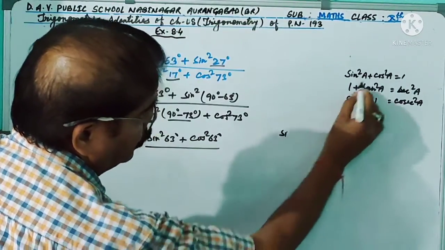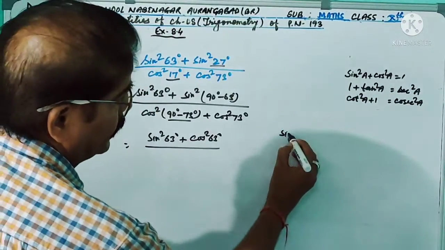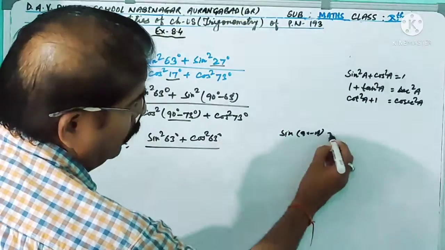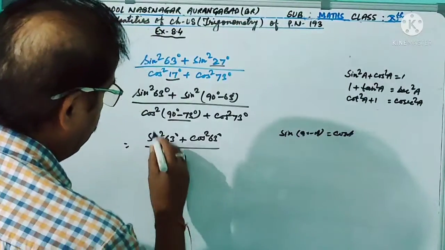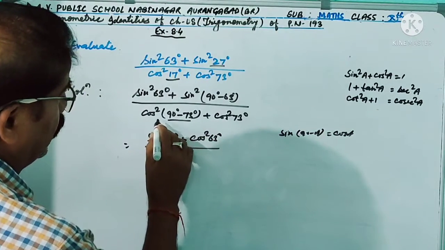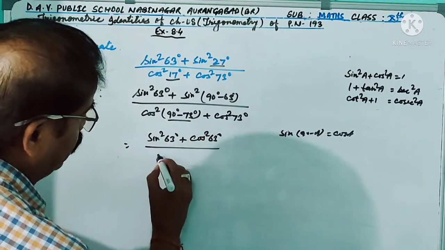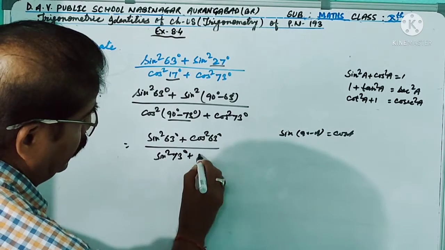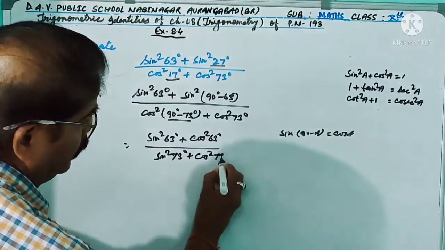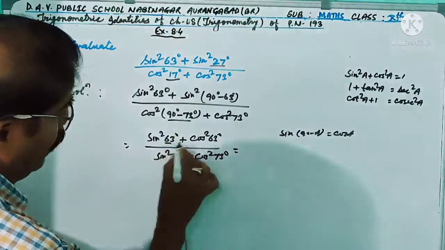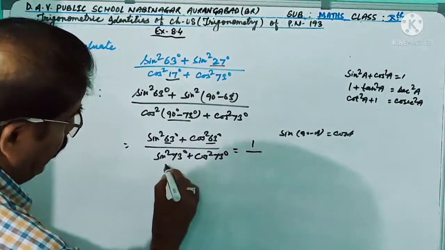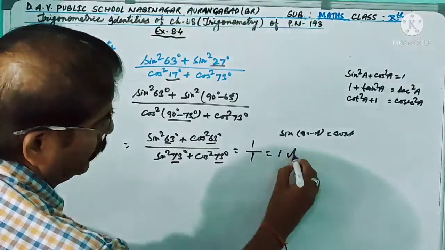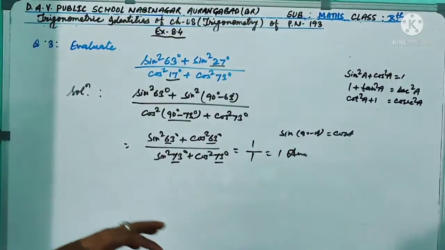Since sin square theta plus cos square theta equal to 1 and sin of 90 minus A equal to cos A. In the same way cos of 90 minus 73 equal to sin 73 degree, so sin square 73 degree plus cos square 73 degree. Sin square theta plus cos square theta equal to 1, and the denominator also equals 1. So your answer is 1.